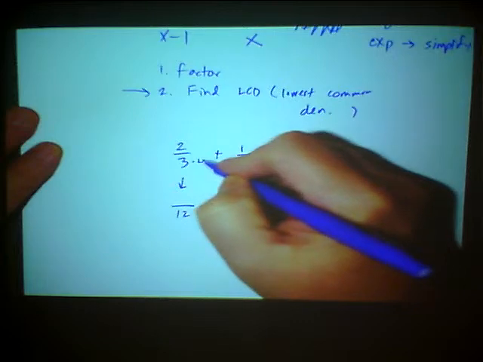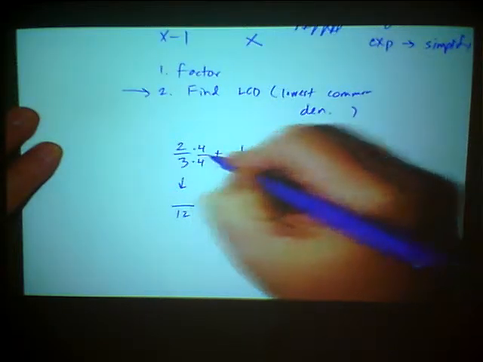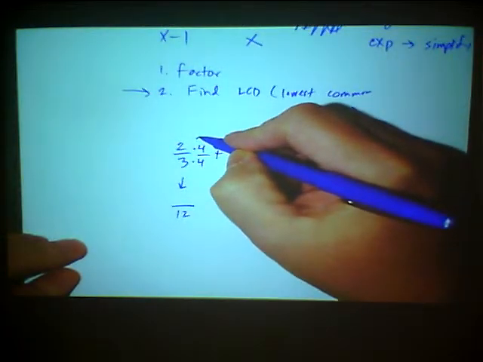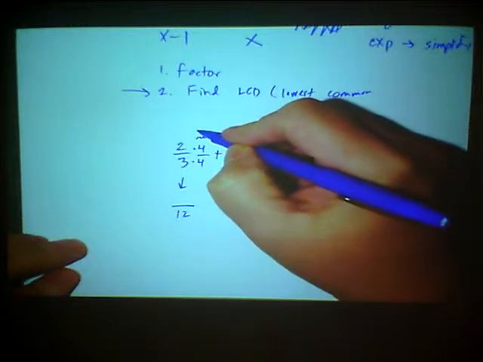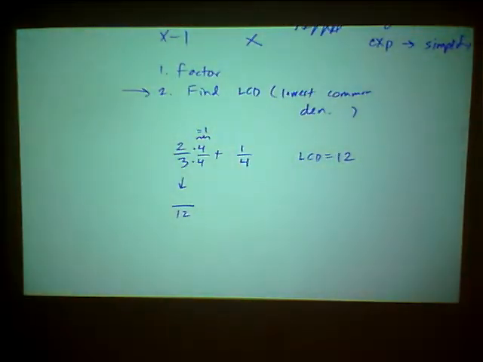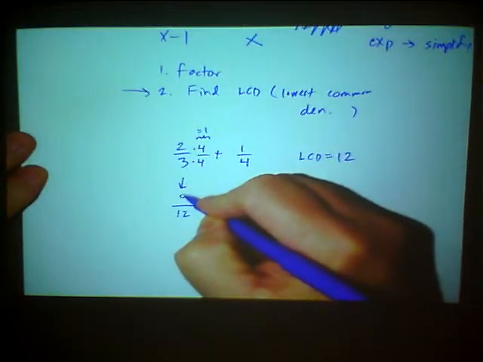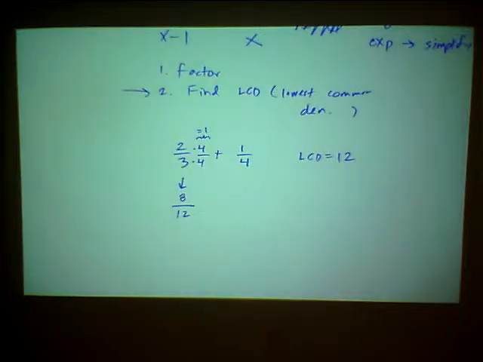I can do that if I multiply the top and the bottom by 4. Or in a sense, I'm multiplying that fraction by 4/4. I can do that because 4/4 just equals 1. So I haven't actually changed the value of 2/3, it just looks different. So 2/3 turns into 8/12.